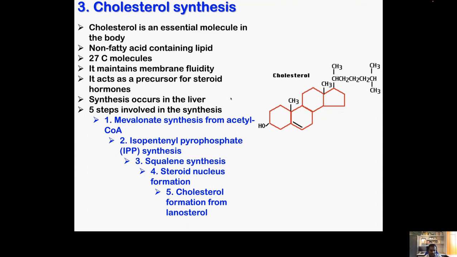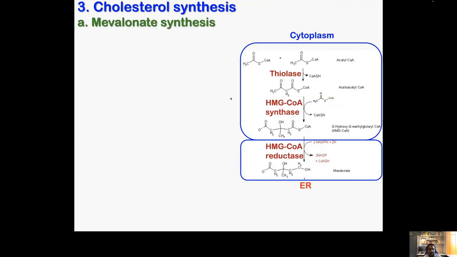The second step is called isopentenyl pyrophosphate synthesis, IPP. The third step is called squalene synthesis. The fourth step is called steroid nucleus formation, because that's when the steroid nucleus is formed. The fifth step is cholesterol formation from lanosterol. These are the important steps that we are going to talk about in cholesterol biosynthesis.